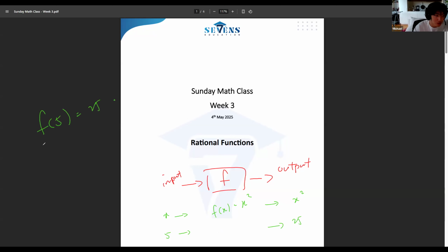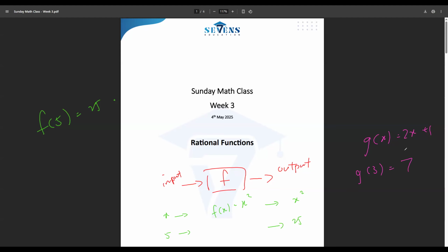Of course, there could be other sorts of functions. For example, g of x is another function defined as 2x plus 1. If we put 3 in this function, what do you think we're going to get out? 2 times 3 plus 1, which is 6 plus 1, so 7.